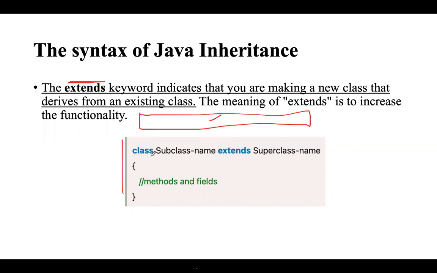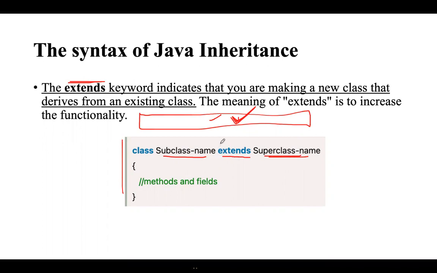So you have the word class, then the name for that class. This is the subclass, the child class, the name of your child class, because this is the class that you are just starting. Then you can use the word extends, and after that you have to write the name of the parent class. For example, if this is your class, then you can write the name of that class here, and then the starting bracket and the ending bracket, which you are already doing normally.